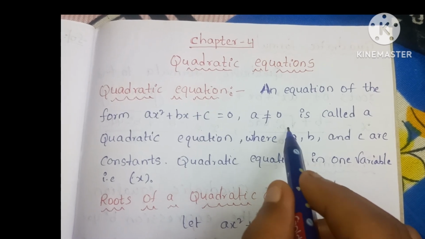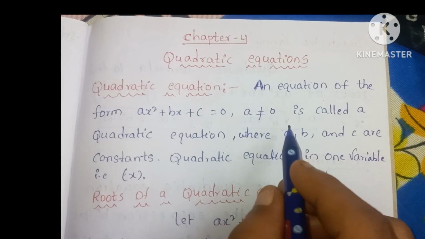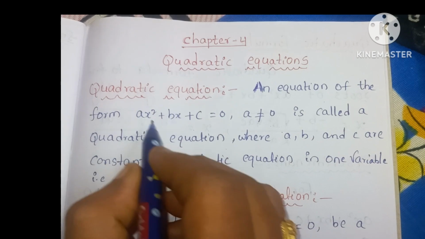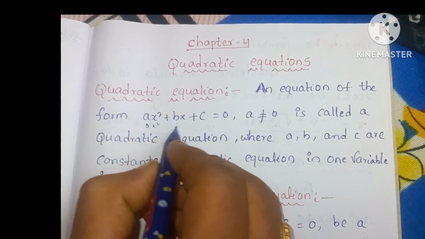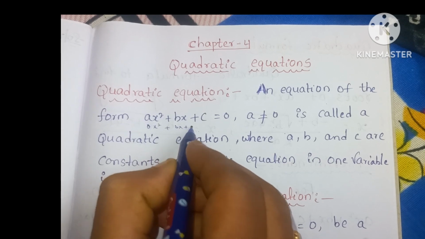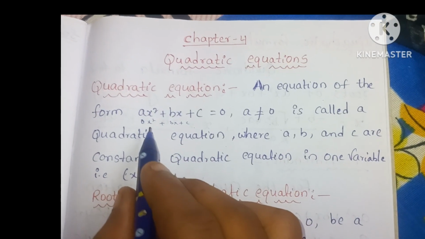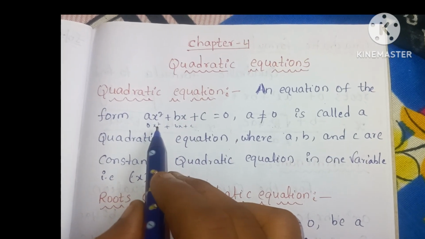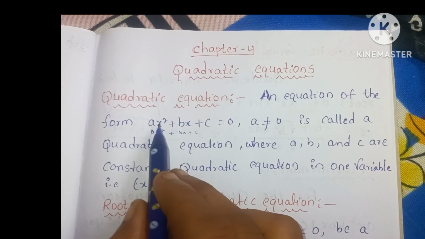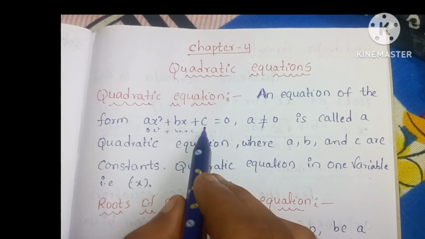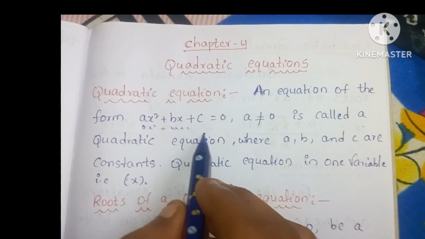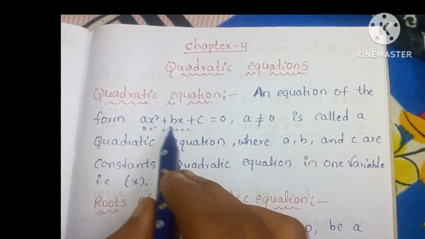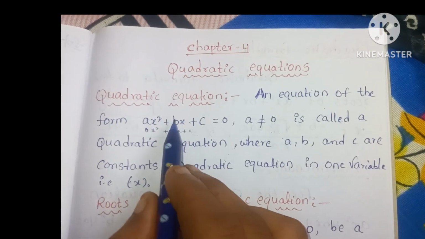Why is a not equal to 0? Why can a not be equal to 0? If a becomes 0, then here we get 0x square plus bx plus c. 0x square means this is 0, so bx plus c equals 0. Then it is not a quadratic equation. This is a linear equation.